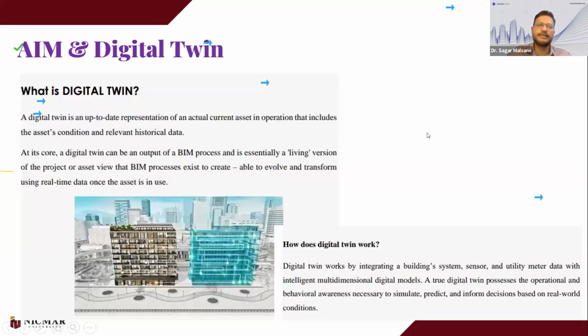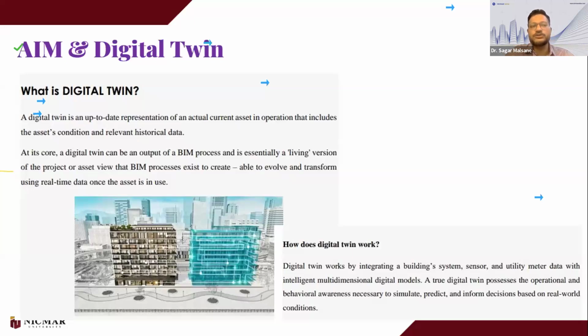Okay, then another important concept is the asset information model and digital twin. Once you develop the model fully, the fully developed building information model contains all the information about that asset in terms of all the properties, all the finishes, the warranty, guarantees.